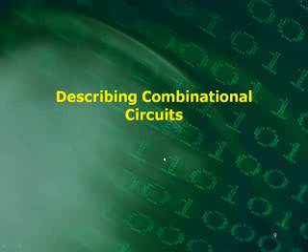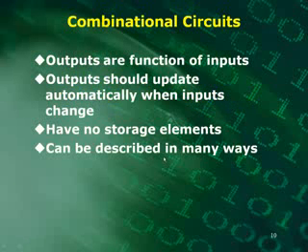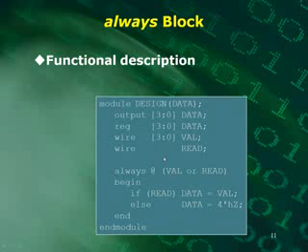Okay, let's talk about describing combinational circuits. In combinational circuits, the outputs are a function of the inputs, and the outputs should update automatically when the inputs change. And so there's no storage elements like flip-flops. And you can describe these in different ways. So here's the description we have of this module called design.